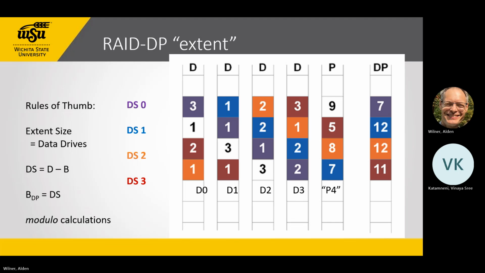Any guesses? The answer is, where does the diagonal parity for that go? If the diagonal parity for stripe 0 is at block 0, stripe 1 is at block 1, stripe 2 is at block 2, stripe 3 is at block 1, and obviously the diagonal parity for stripe 4 has to be at 4, right?